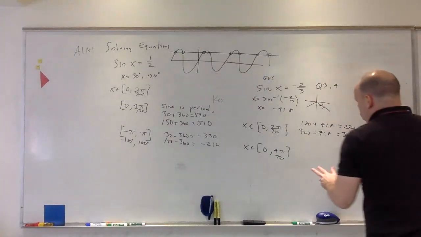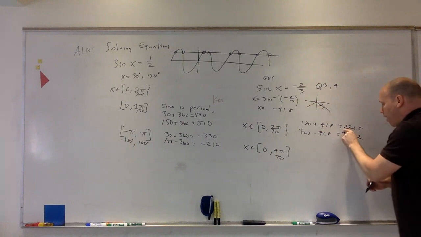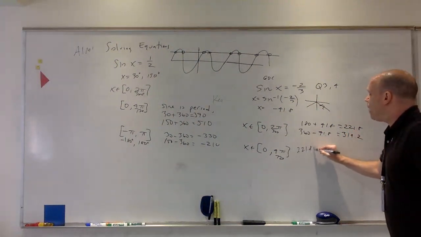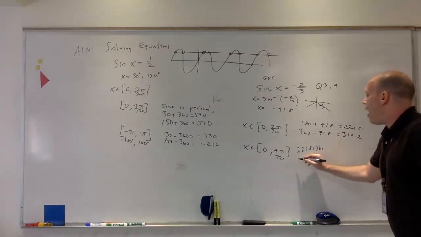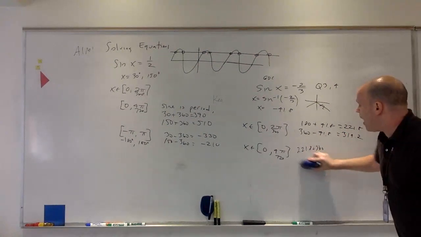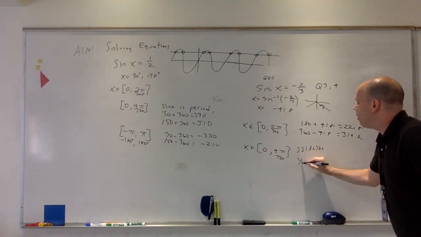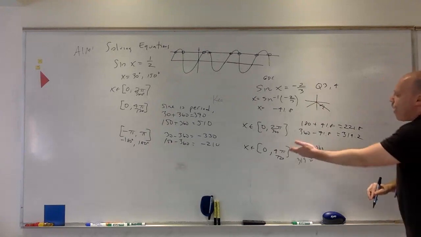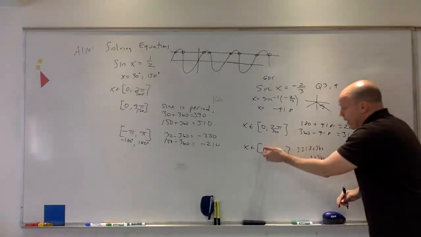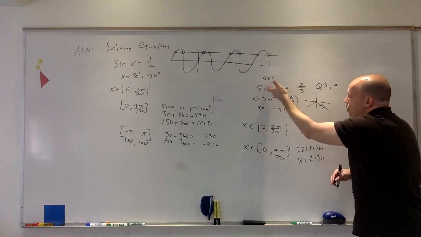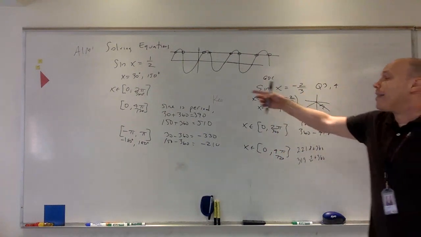I have my 221.8 plus 360, and 319.2 plus another 360, and we have another two angles that are within 0 to 4 pi or 720 that satisfy this equation.